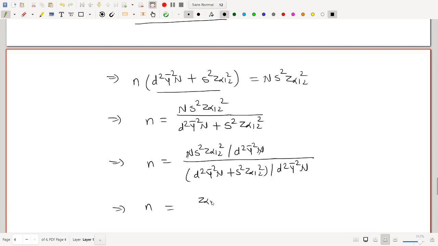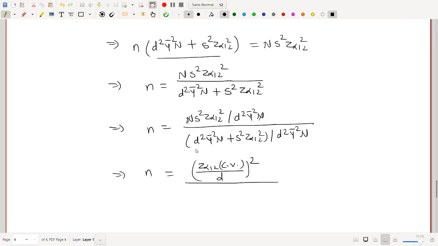So z alpha by 2 into coefficient of variation divided by d, whole bracket square, whole divided by, if I divide the first quantity, this will be 1 plus, and if I divide the second quantity by N and take 1 upon N common, then S upon Y bar will be the coefficient of variation, and I can write this as z alpha by 2 coefficient of variation upon d, bracket square.